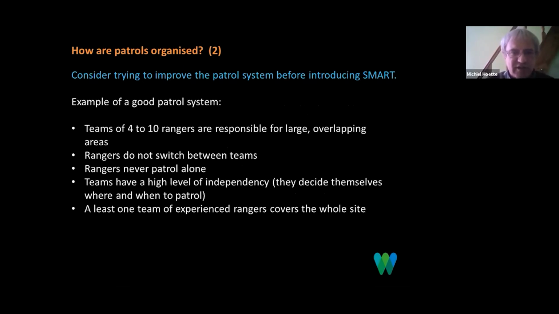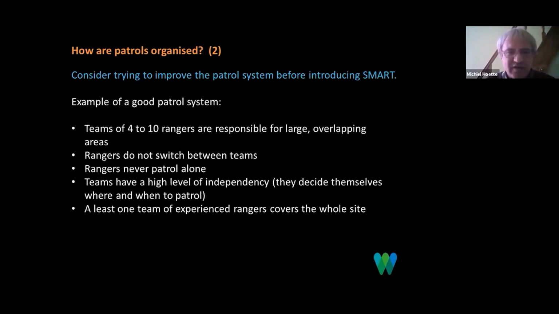Those teams should be working in really large areas. It's also good if those areas allocated to specific teams overlap, so they basically unexpectedly bump into each other. So there's also an element of the teams checking on each other.